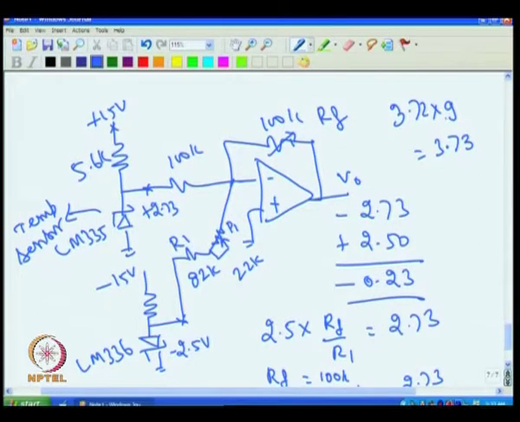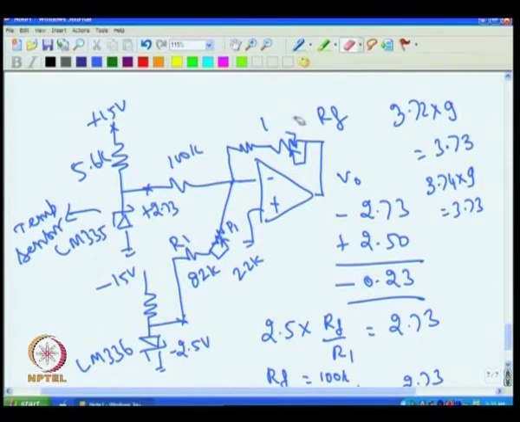Similarly, if the voltage goes more, for example, it goes to 3.74 at 100 degree C, then 3.74 into gain should give me 3.73 at the output. So, the gain must be variable more than 1, as well as if necessary we have to bring it down to less than 1. That I can achieve by changing this feedback path. So, I will add a resistance here, and one more potentiometer here. I keep this as a potentiometer like this, and this is a fixed resistance.